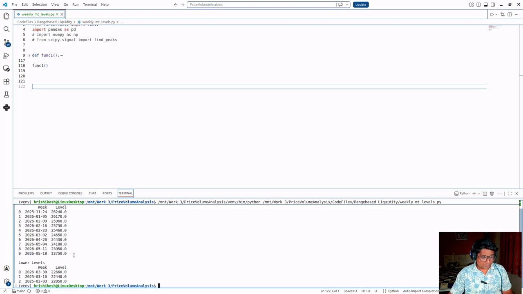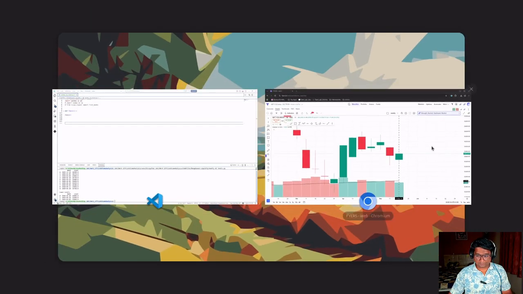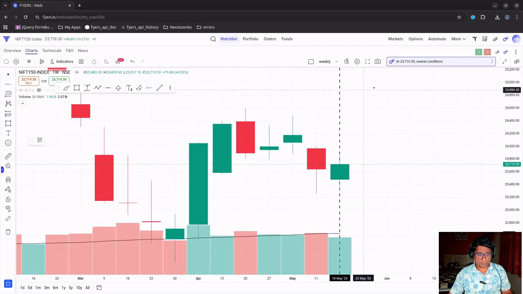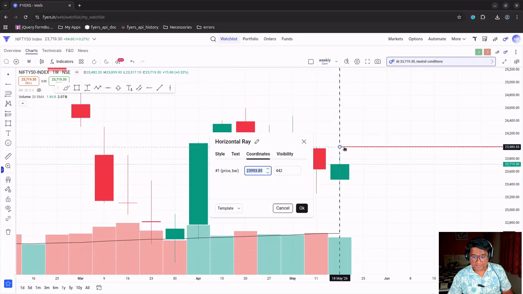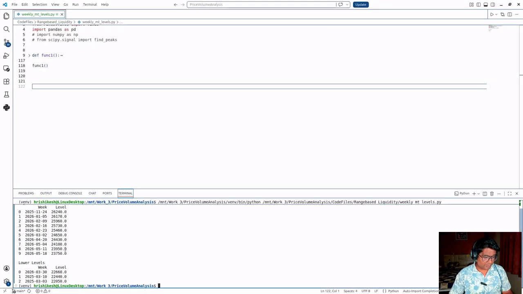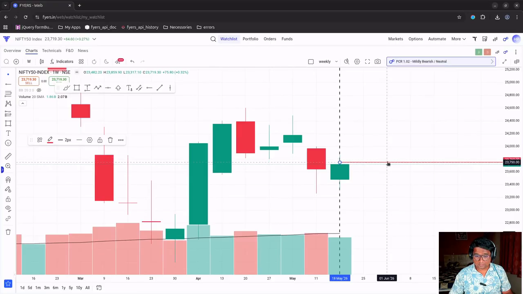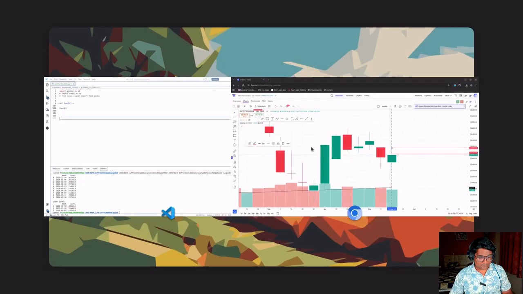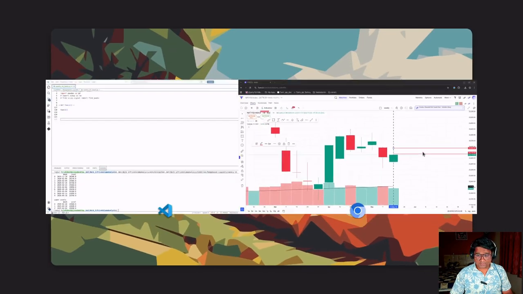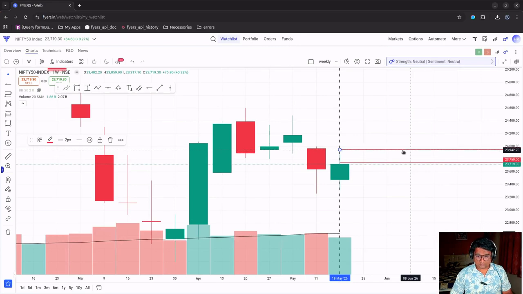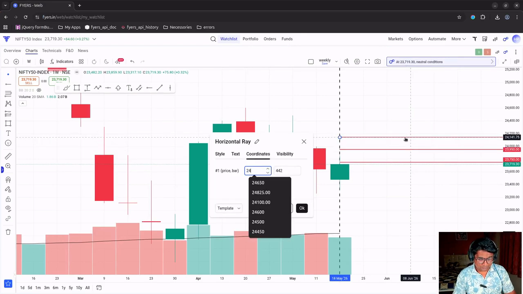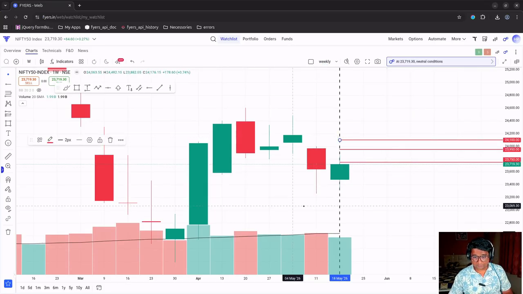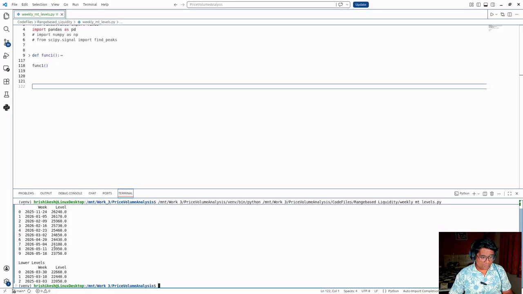So the first level is 23,750. I have created a different profile called weekly. Next, 23,950. Then 24,100. And then 24,430.